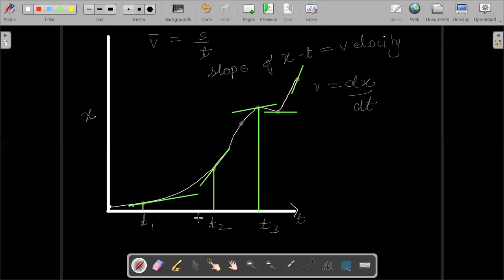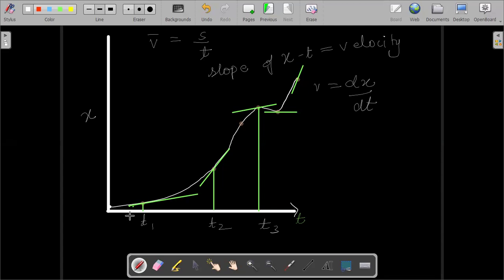Okay. So here, if you observe the slopes of these tangents, if you compare the slope of the tangent at t1 and t2, which tangent has a greater slope? No, I'm observing only t1 and t2. So which one is having a greater slope? T2, sir.